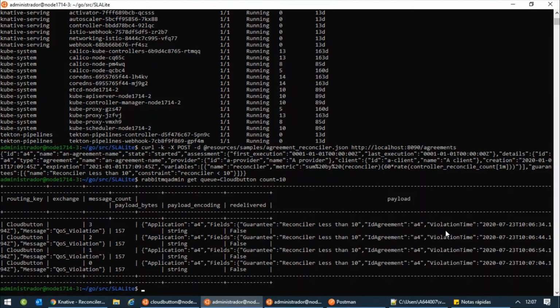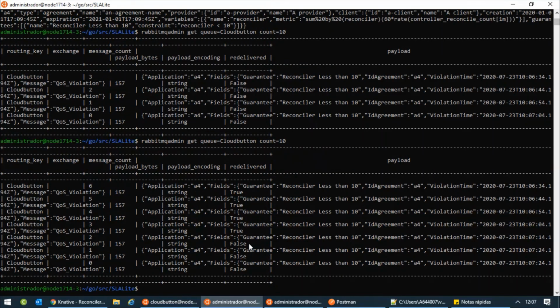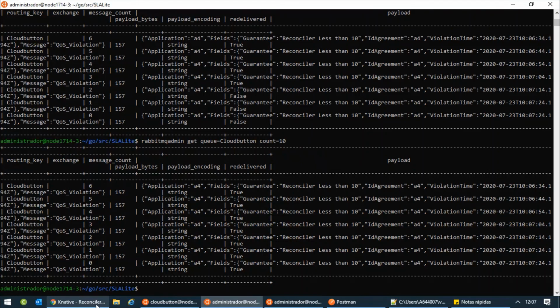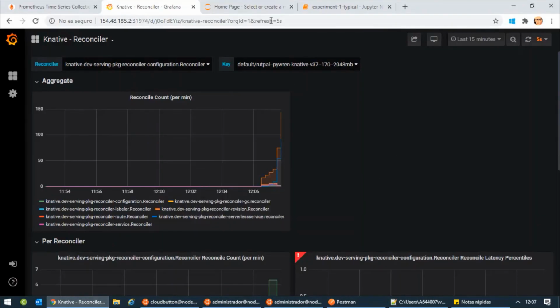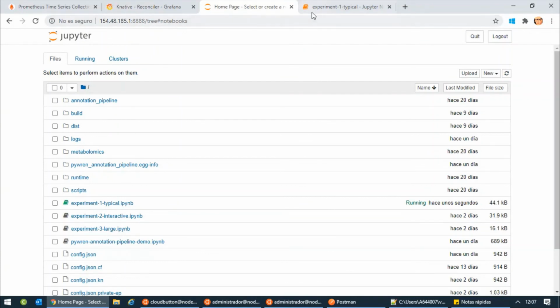And yes, we can see that the violation of the guarantee reconciler less than 10 has been produced on the date of today. We can see how it continues raising new violations until the experiment ends.